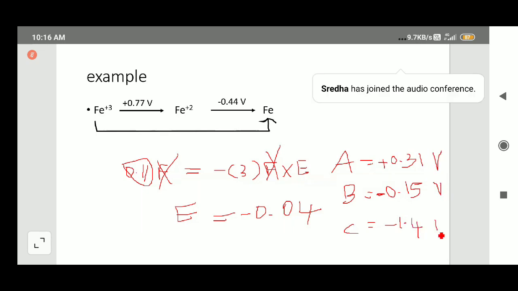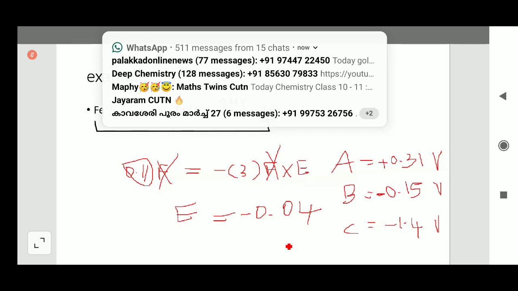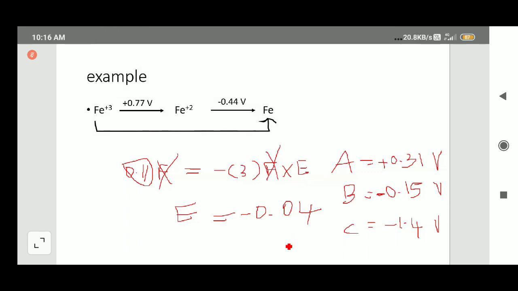The question is, which is the most effective reducing agent? Sometimes the question will be like that. As you know, you have to first look into the reduction potential value. The one having the highest negative reduction potential is the best reducing agent.